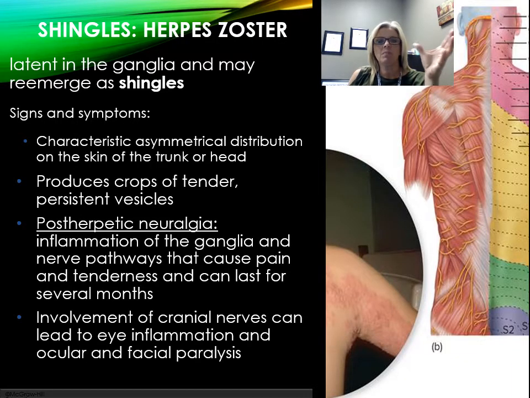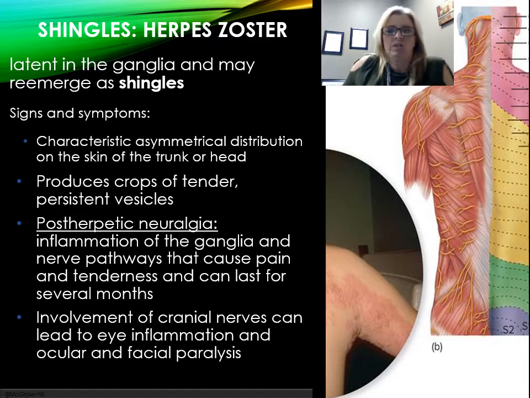So human herpes virus 3 can cause chickenpox, and it can also cause shingles. This is going to use the respiratory epithelium as a portal of entry. When you get the initial chickenpox infection, it can become latent in the dorsal root ganglia that serve different dermatomes, which are areas of the skin that nerves innervate.